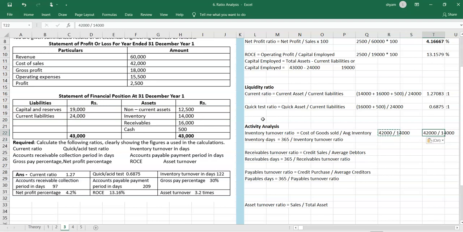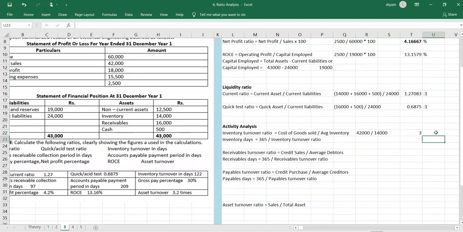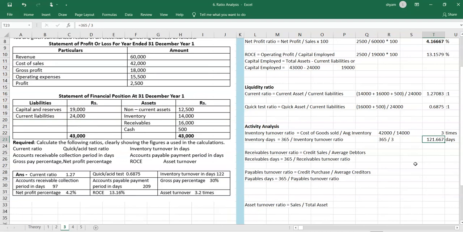Solve this, you'll get the answer. The answer that you will get is in times. So the next is divided by 365 days. You will get 121. So we'll move on to the next one, receivable turnover ratio.